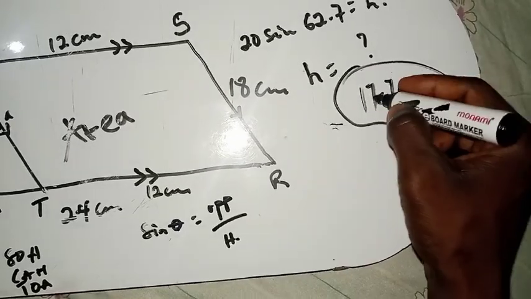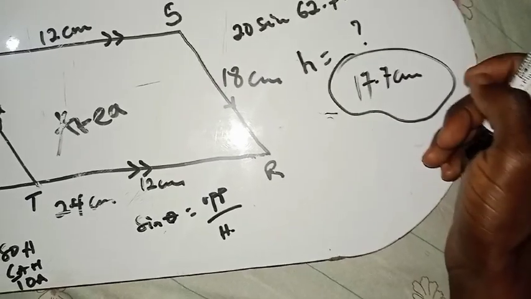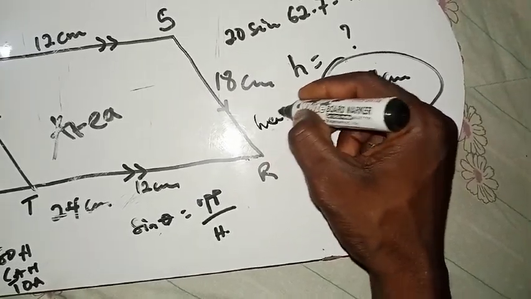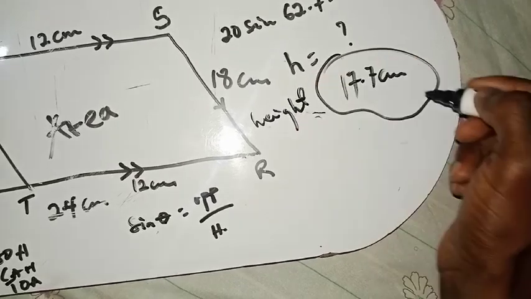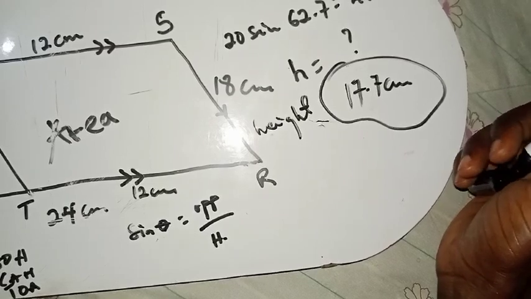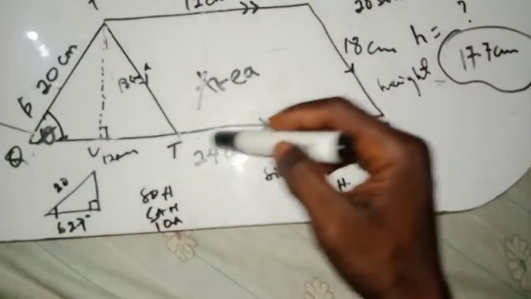You have to pay very close attention to certain things like this. So you have 17.7 centimeters. That is going to be our height, right? So our h is going to be 70.7 centimeters.